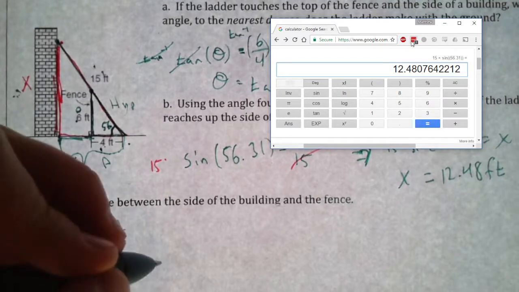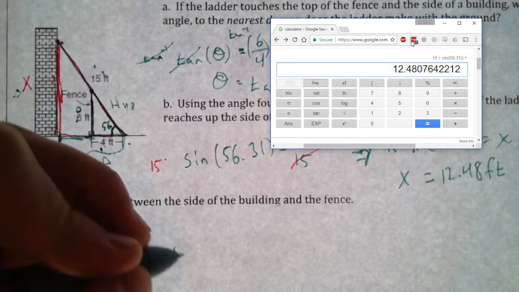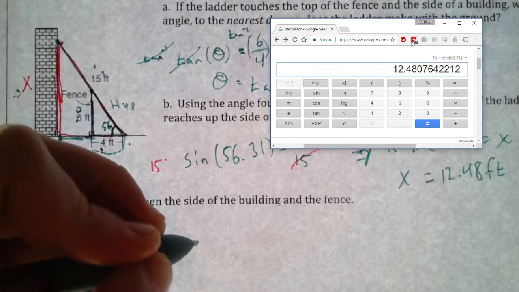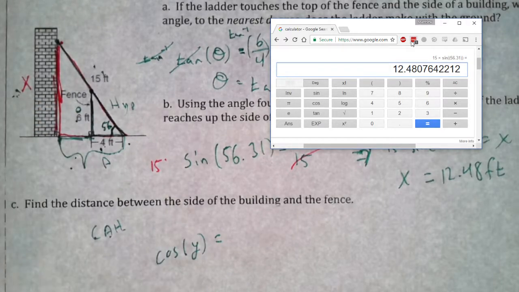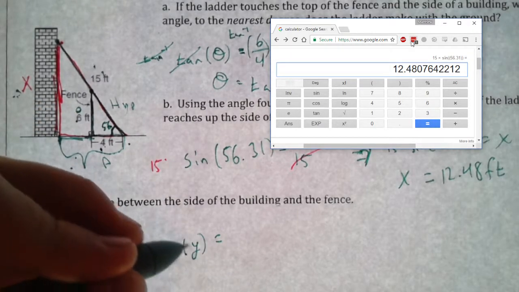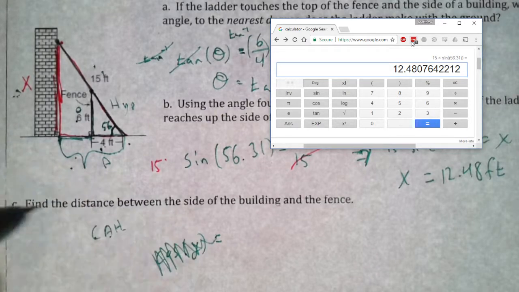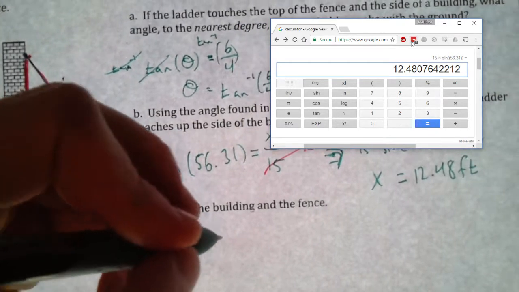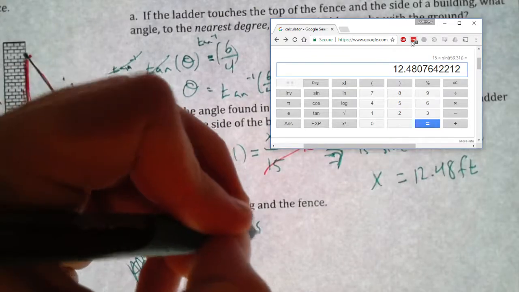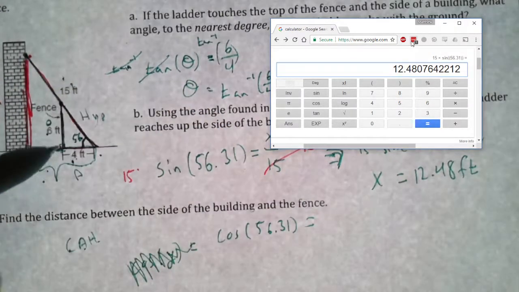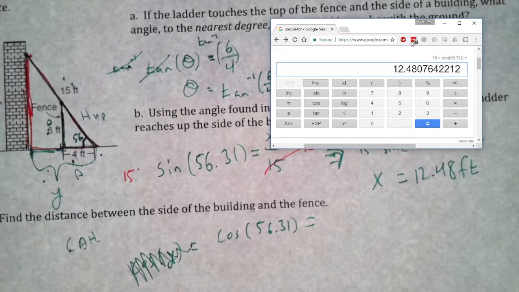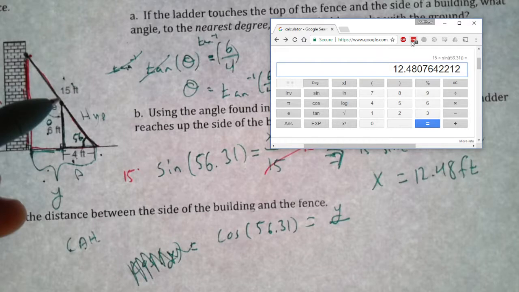So I'm going to do cos of y is equal to, sorry, it's not cos of y, because we know the angle is actually 56. It's cos of 56.31 is equal to adjacent y, we don't know it yet, over hypotenuse 15.